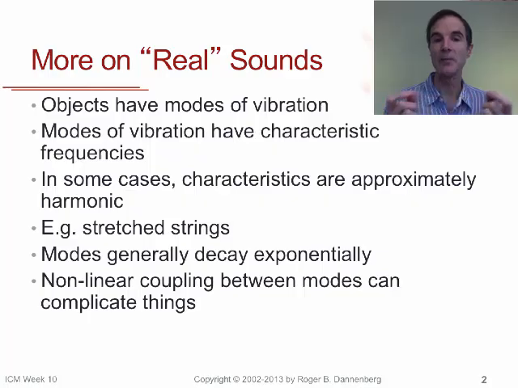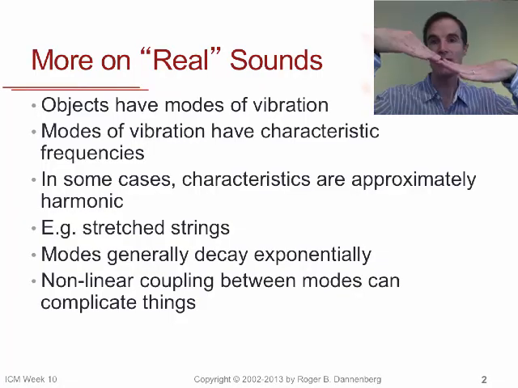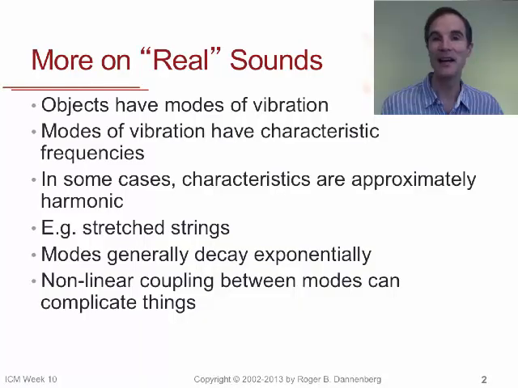harmonic. An example is a stretched string where the modes of vibration are the fundamental mode, which is the whole string goes up and down like this. There's a second mode where the string vibrates like this, and beyond that I'm going to have difficulty manipulating my hands, but I think you can imagine a string vibrating in thirds and fourths and fifths.